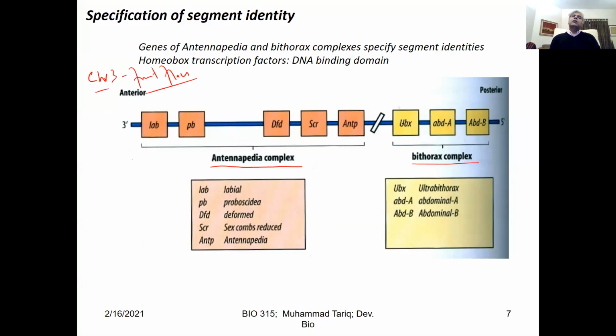Now, in the late 70s and early 80s, in Walter Gehring's lab, they discovered these genes.